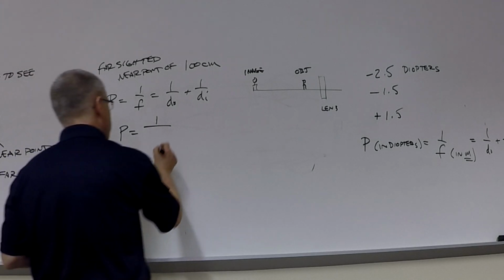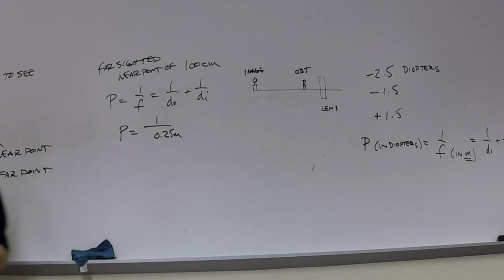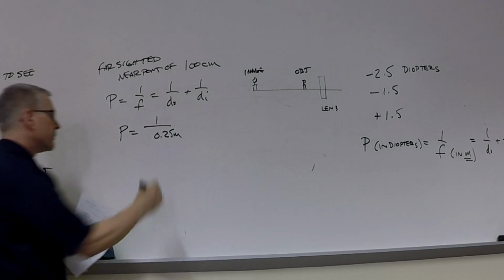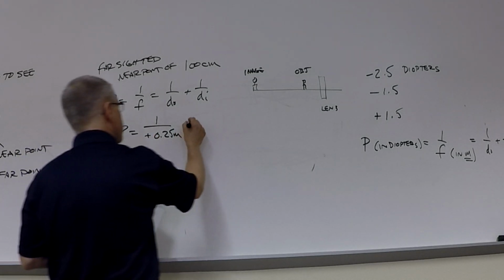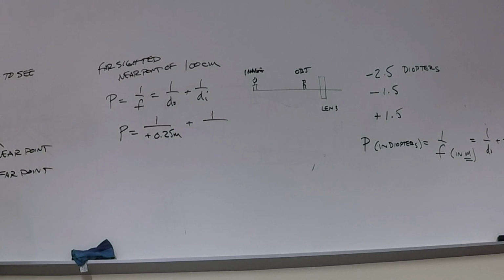So our object is at 0.25 meters, and like we've been doing before, is it plus or minus? It's in front of the lens, just a typical case. Plus 1 over distance to the image. Where's our image? It's 100 centimeters away. I'm going to watch the units because I want my answer in diopters. So I'm 1 meter away.